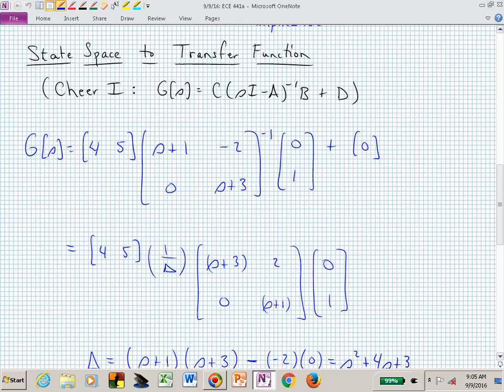I'm going to go through this quickly because I don't want to spend a lot of time. We're just trying to verify that we can get to the same place going different ways, by starting with a state space representation and getting to a transfer function.